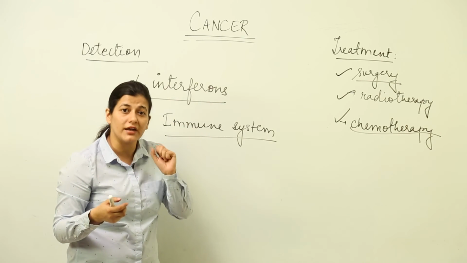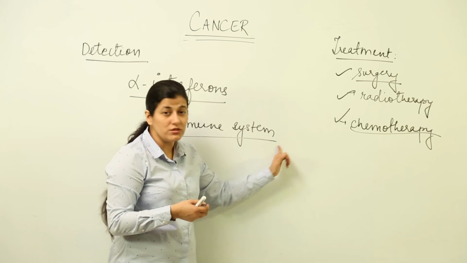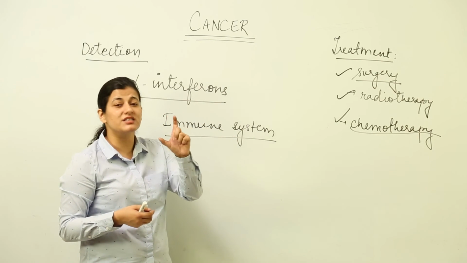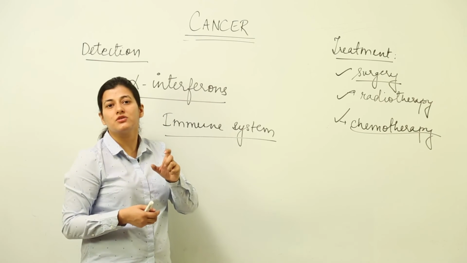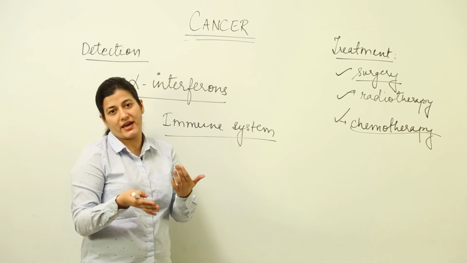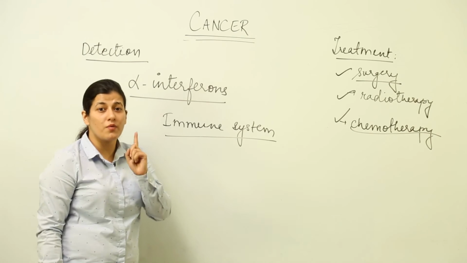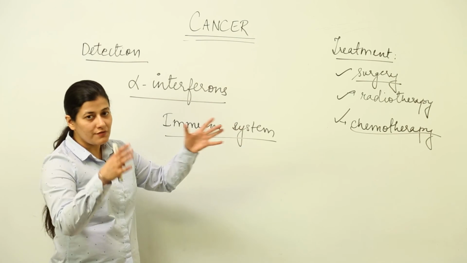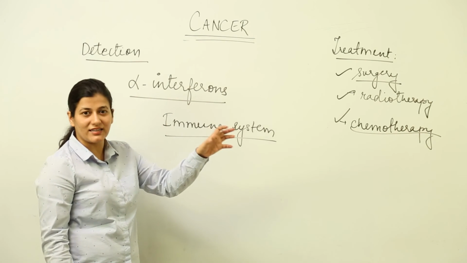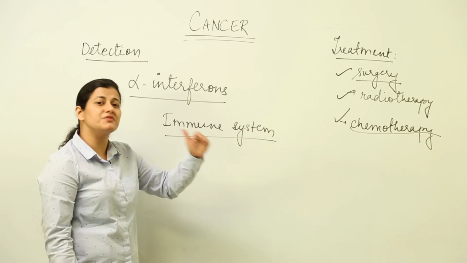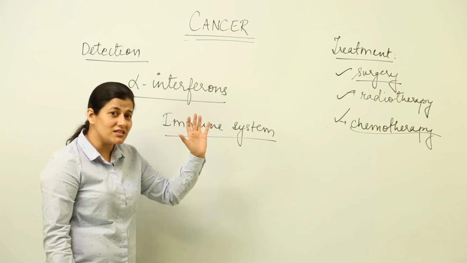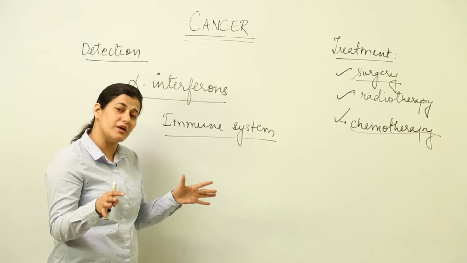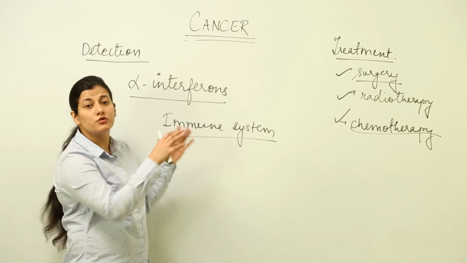So that part of the immune system which detects whether the cell is cancerous or not is deceived by cancer cells. Cancer cells are very clever in deceiving the immune system. Even if the immune system is able to detect that there is cancerous growth, the cancer cells take over the machinery of the cells which are going to come and kill them. They are deceived very well, and the immune system could not work.